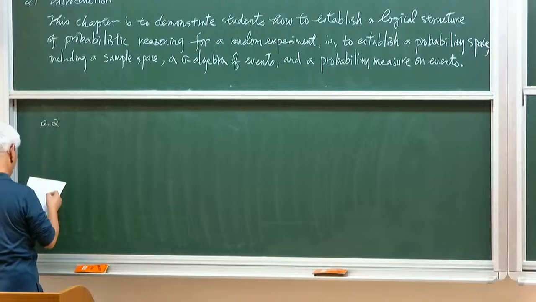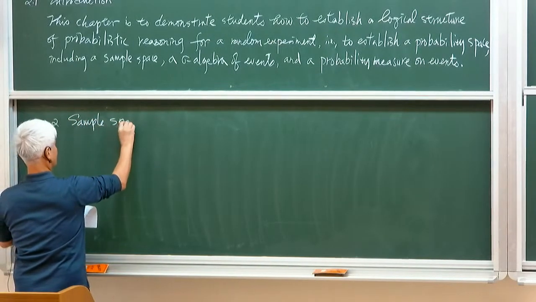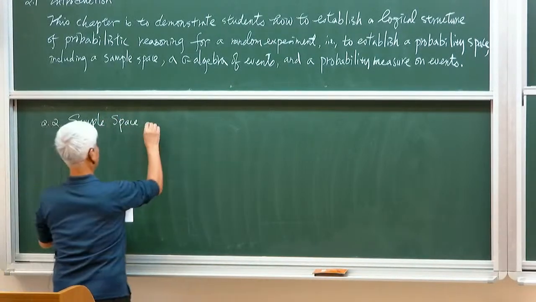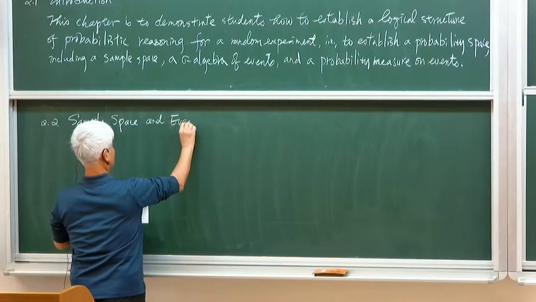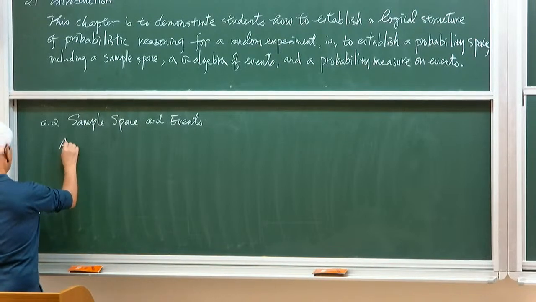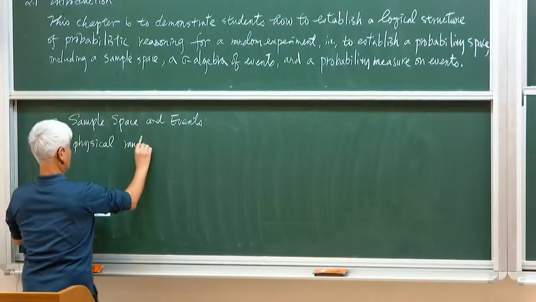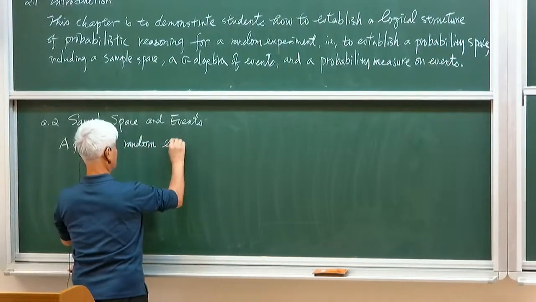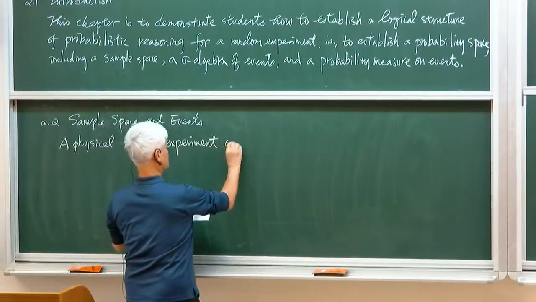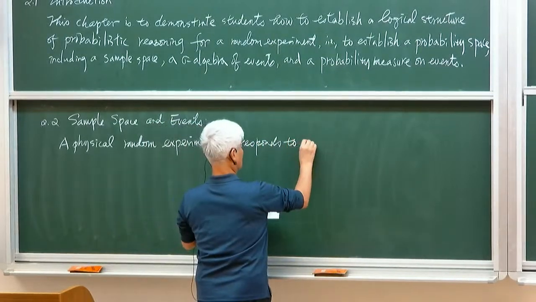Okay, so the next section is about sample space and events. All right, a physical random experiment we would like to investigate corresponds to a mathematical model.